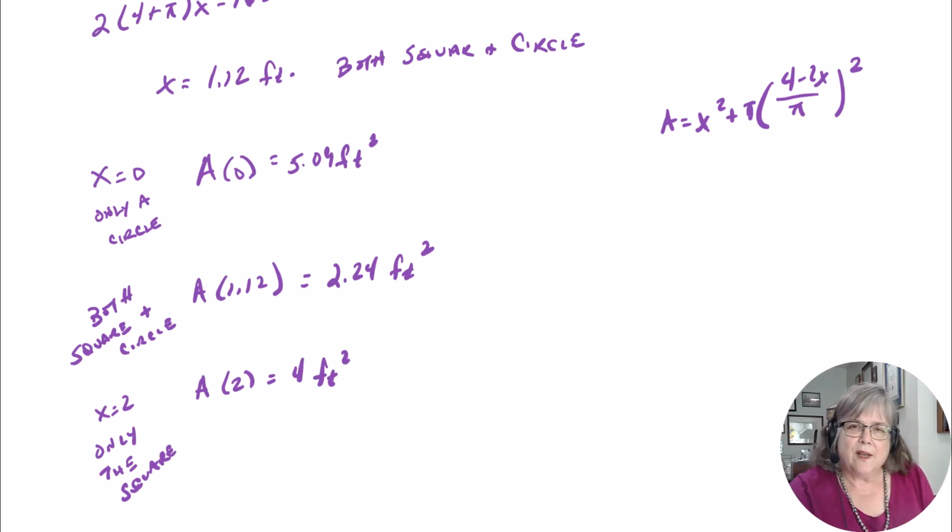Okay, so now let's talk about this for just a second. If you are an artist or you're designing this, even if you're not an artist, you have this vision, and it is your priority to have both a square and a circle. This is the one you're going to pick, but notice that it's not your best overall area between the two.